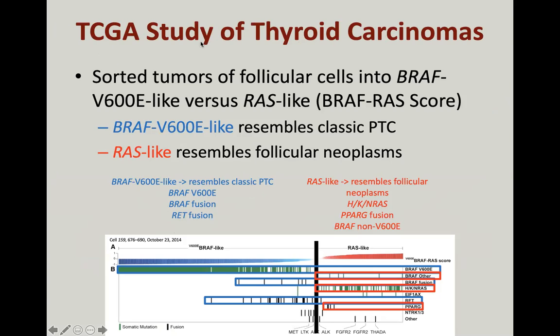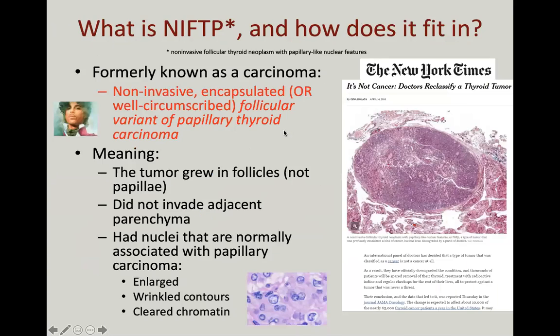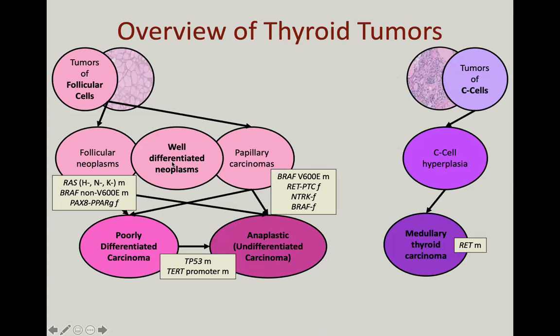The TCGA study, which I sort of mentioned before, sorted tumors of follicular cells into those with so-called BRAF V600E-like versus RAS-like genetics. And so on the chart above, it's sort of the tumors on the left, the follicular neoplasms, versus the tumors on the right, the classic papillary carcinomas, okay?